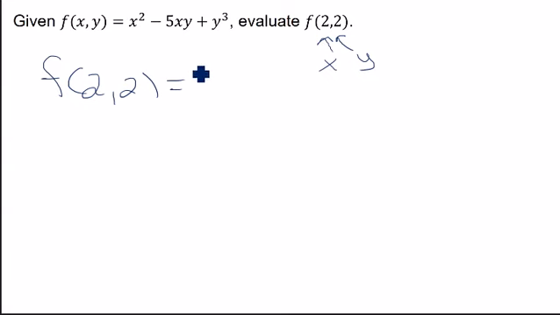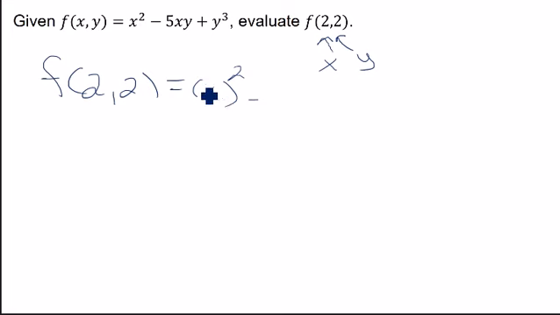So let's replace x with 2. So 2 and then squared. I always use parentheses while I'm substituting a variable with a value, and that's to avoid any kind of operational mistakes that may occur later in the calculation.